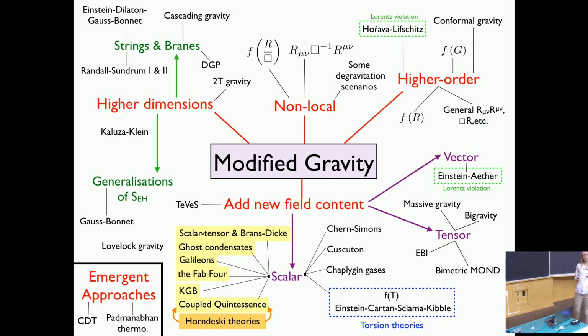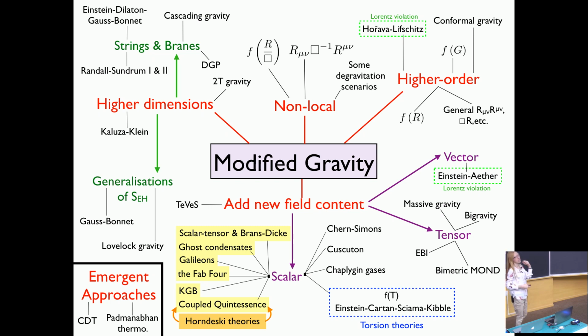This is a map I made about 5 years ago to try and represent visually this landscape of gravity theories. Okay, and you can see that it's a mess. And I meant it to look like a mess because that's kind of accurate. And what I've tried to do here in the red text is I've tried to classify theories into some kind of sensible family groups according to their properties.